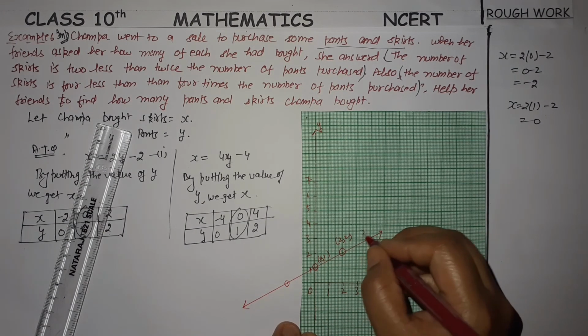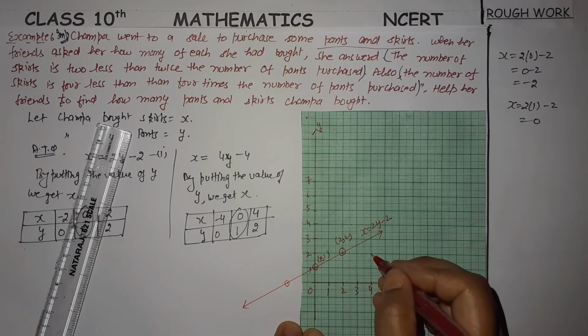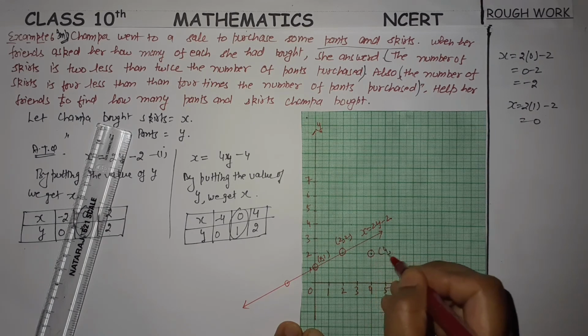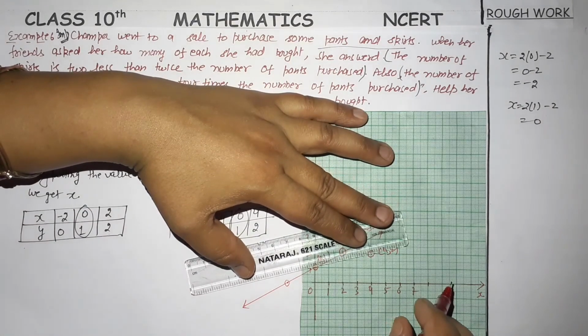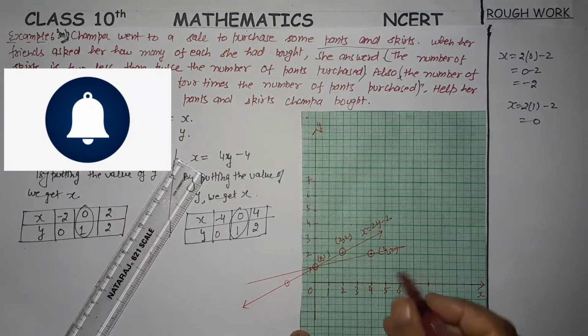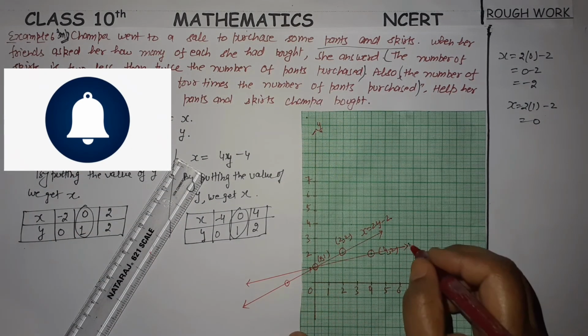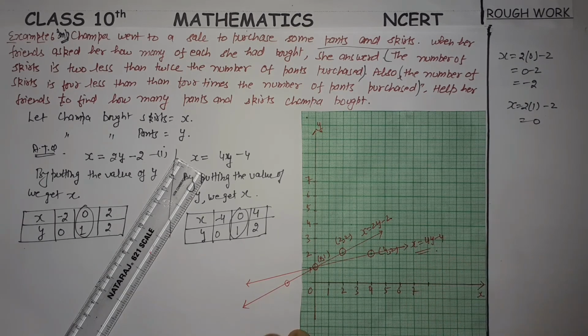The name of the line is x equals 2y minus 2. Next one, x 0, y 1, x 4, y 2. Now join these two dots. The name of this equation is x equals 4y minus 4.